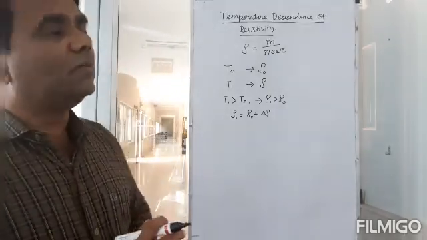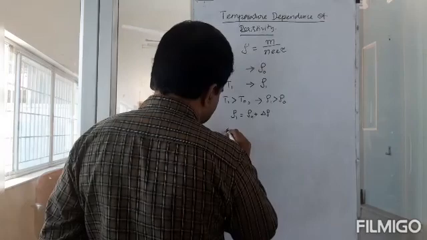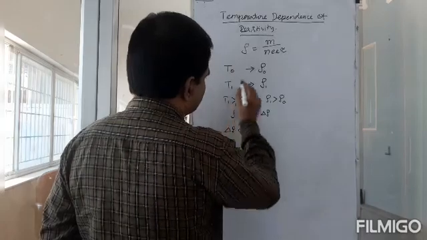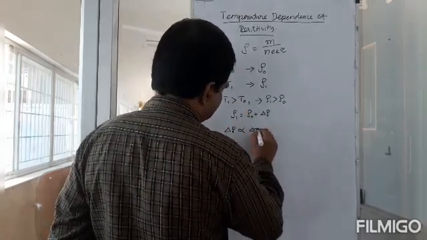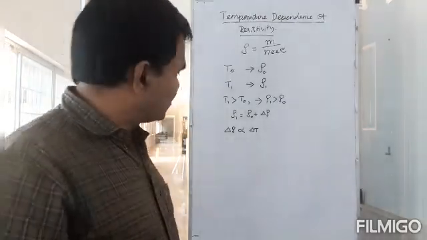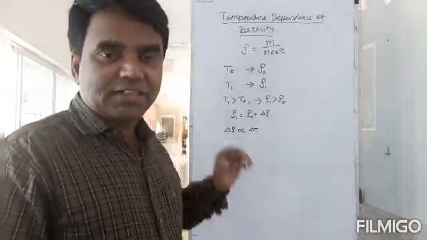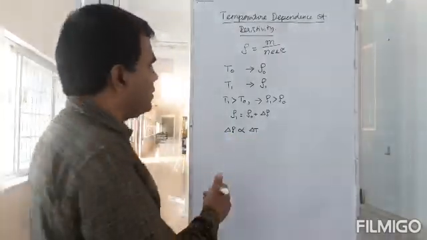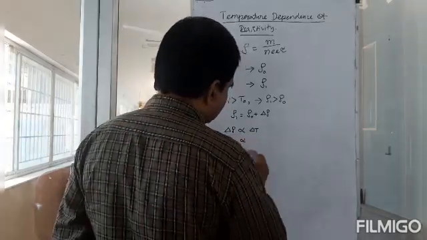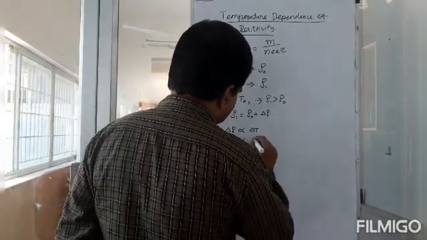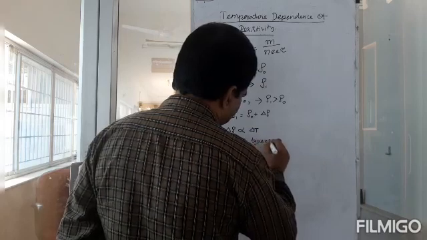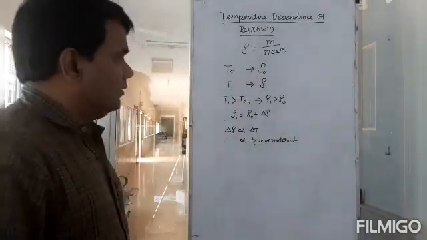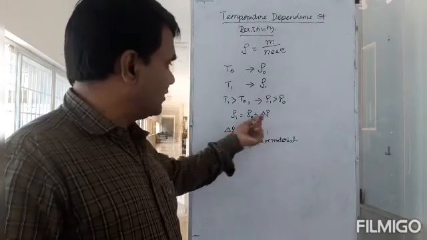This change in resistivity, delta rho, is definitely proportional to the change in temperature, because the temperature changed. And it is also proportional to the type of material. For example, if it is copper, then delta rho will be some value.